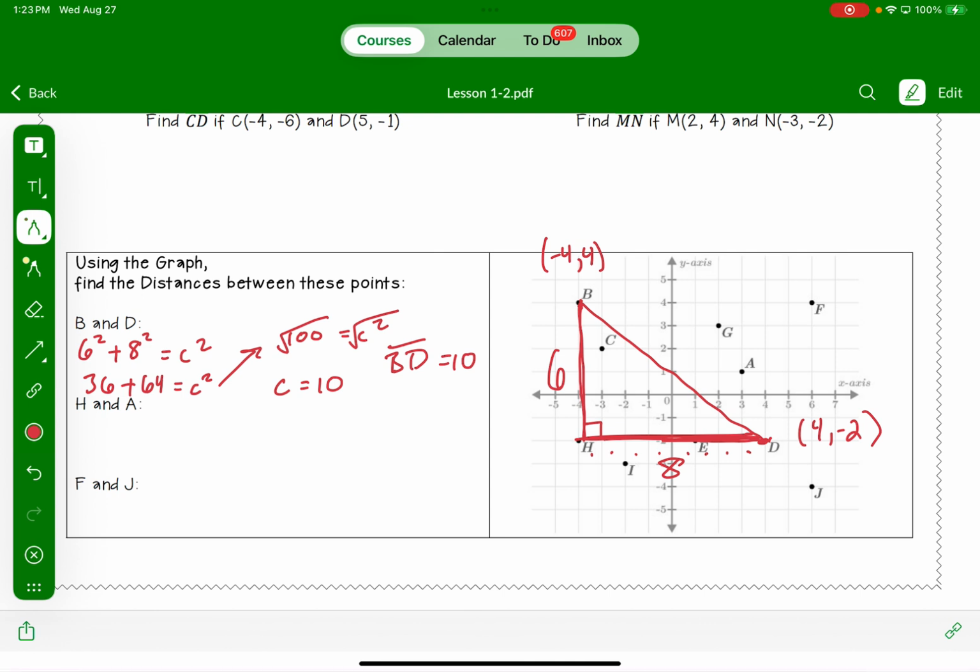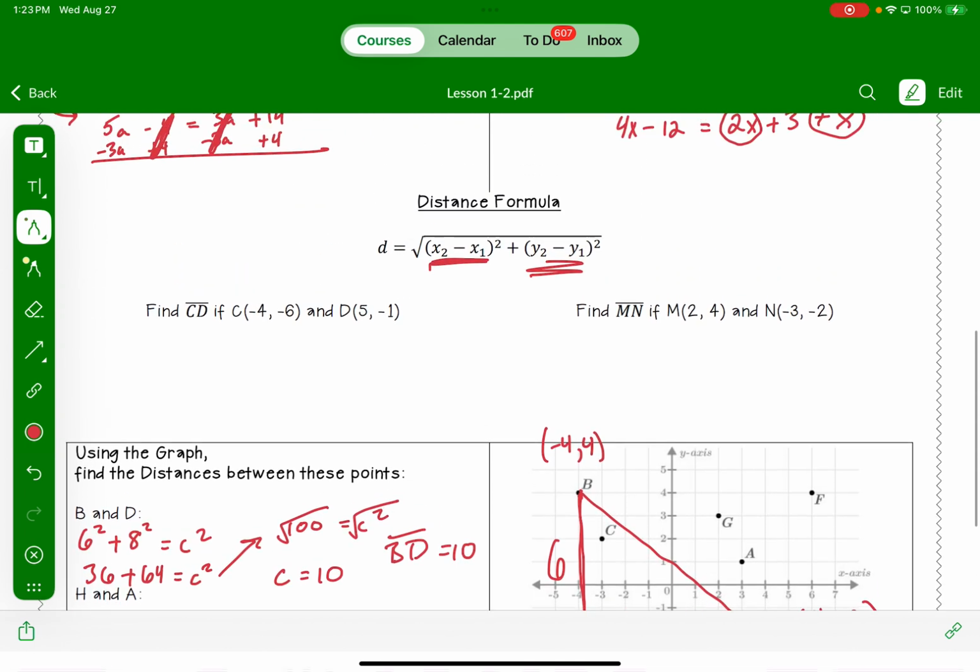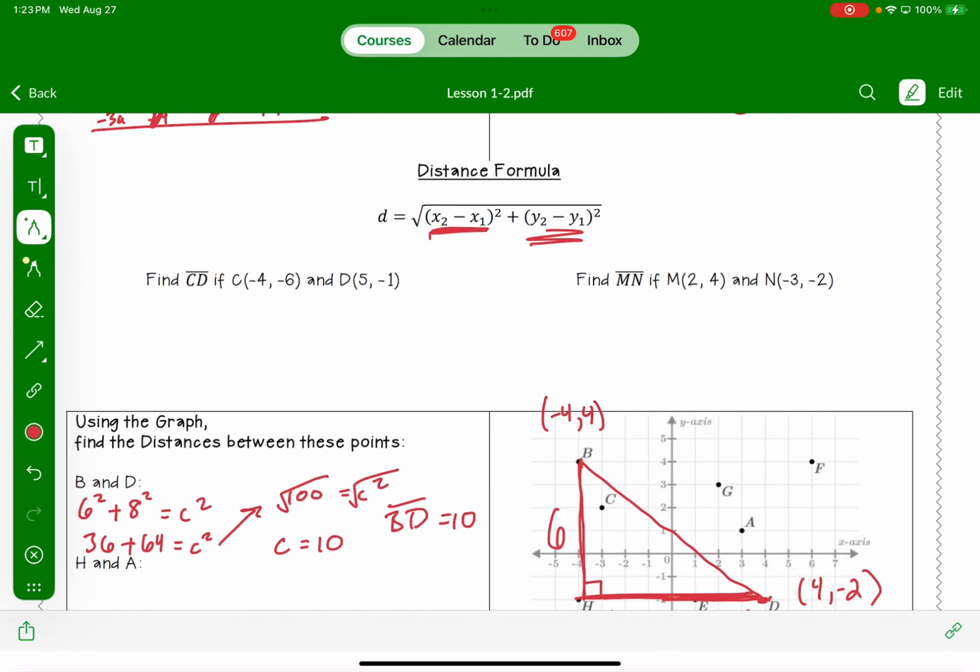So why does Pythagorean theorem work in a distance formula problem? It's because the distance formula is the Pythagorean theorem. Look back up here. When I do x2 minus x1 squared, that's just a squared. Plus, when I do y2 minus y1, that's just b squared. Over here, d is actually c.